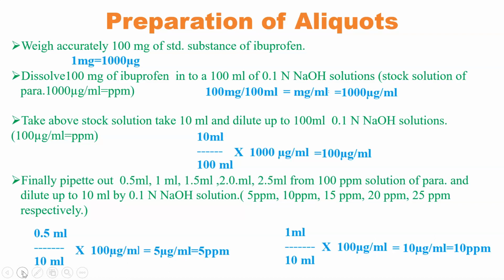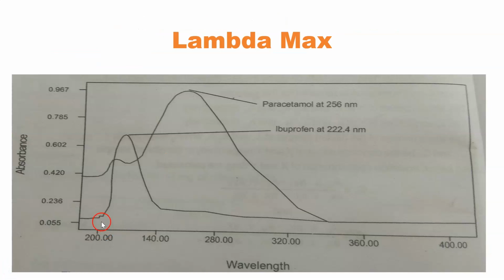Now we will see the table we actually require for simultaneous estimation. Before going to the table, we will see the lambda max. You take a higher concentration solution, here it is 25. So you take that 25 ppm solution of ibuprofen and paracetamol and take the reading in UV for lambda max.